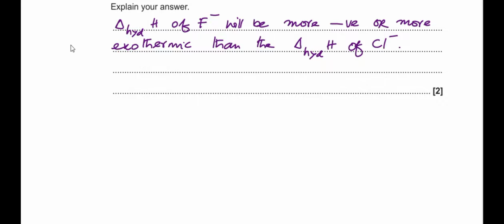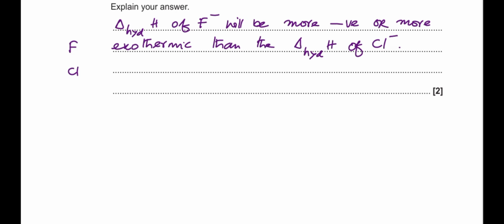From the periodic table, you can see that fluorine is in period 2 and chlorine is in period 3, which has got one more shell of electrons, and therefore fluorine is smaller than chlorine. Similarly, fluoride ion is also smaller than chloride ion, and they both have the same charge, which leads to fluoride having higher charge density than the chloride ion.